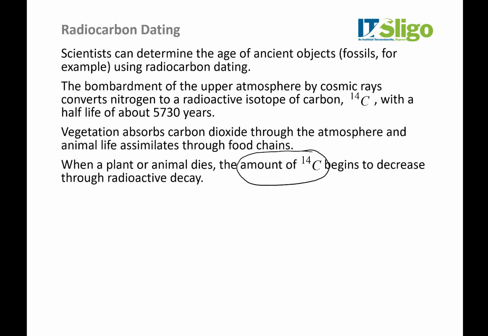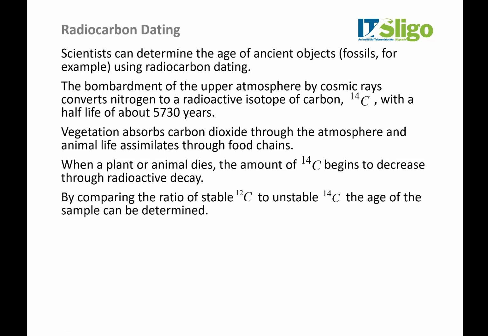But then as we die, this amount of carbon 14 begins to decay, whereas the amount of carbon 12, which would make up most of our body, doesn't. Now it decays, as in the body decays, but the carbon, the compound carbon, does not decay because it's not radioactive, whereas this radioactive one does decay. So by comparing these two values, comparing the stable carbon to the unstable, you can work out how old the sample you're looking at is.